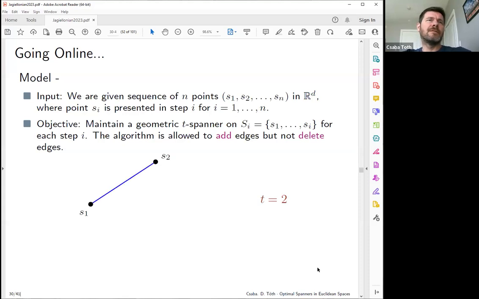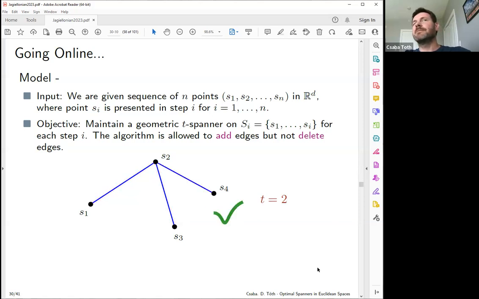This is a very small example. Three points arrived, and this is still a 2-spanner. We don't need an edge from S1 to S3. Here for 4 points, this would be an online spanner, but this is not the optimum spanner. This would be an optimum spanner.